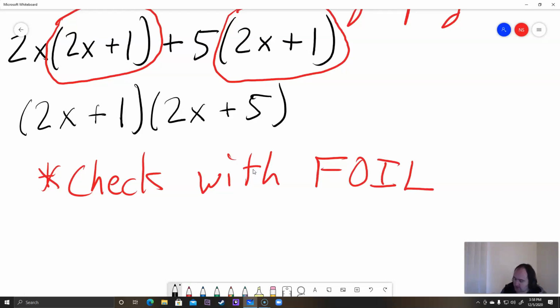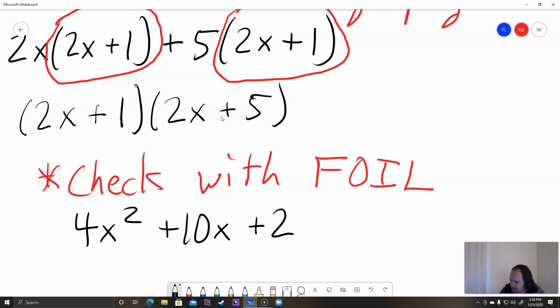So using FOIL here, the first is going to be 2x times 2x, which is 4x squared. The outer is going to be 2x times 5, which is 10x. The inner is going to be 1 times 2x, which is 2x. And then the last is going to be 1 times 5, which is 5.